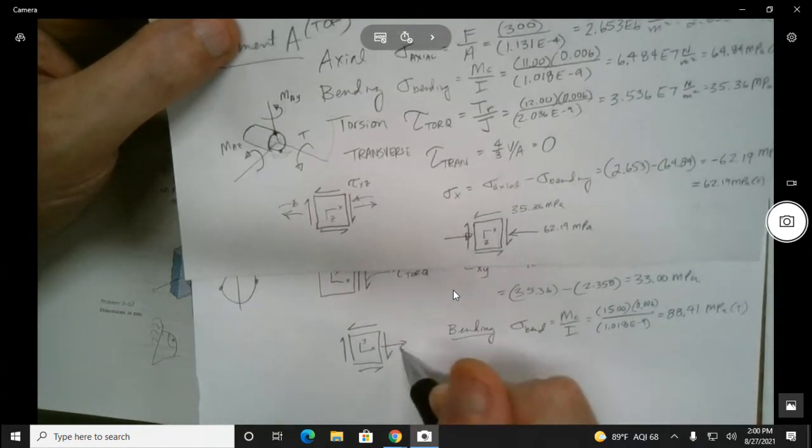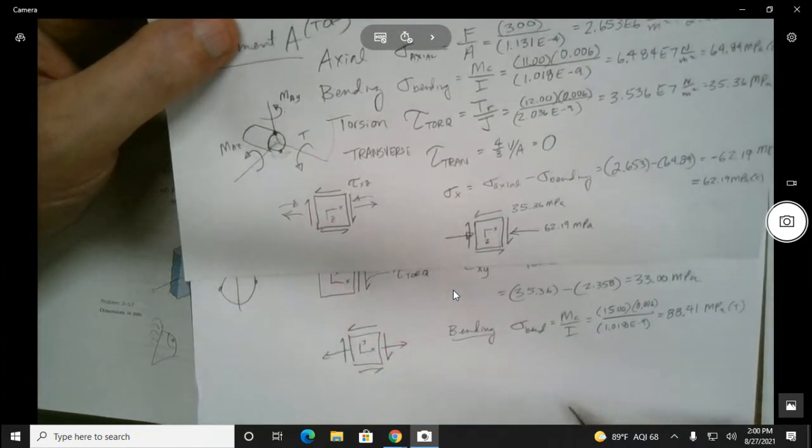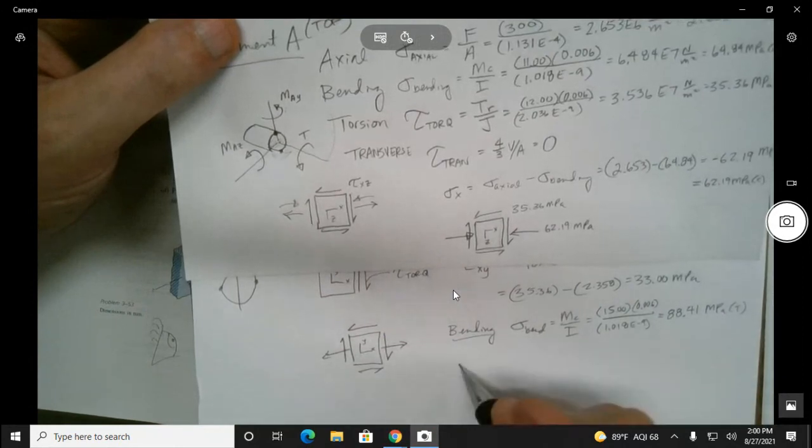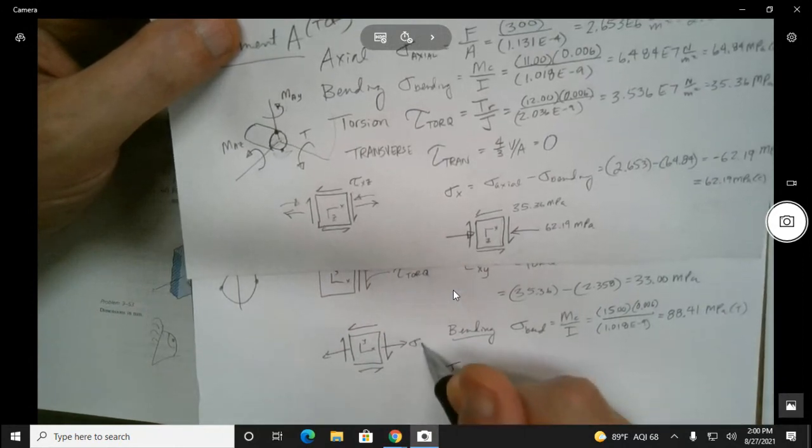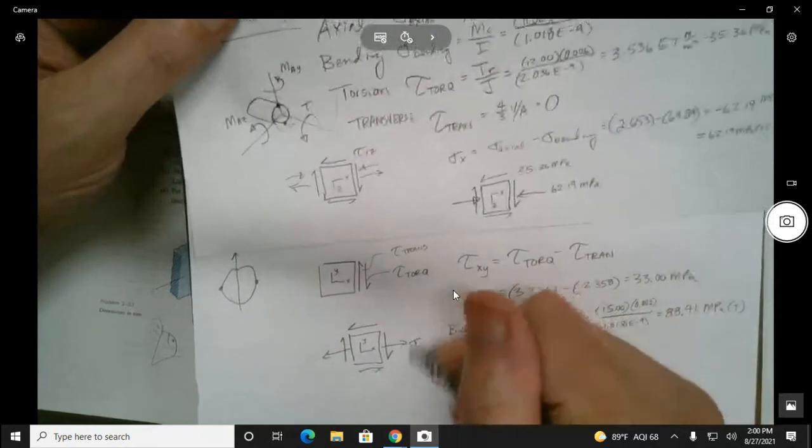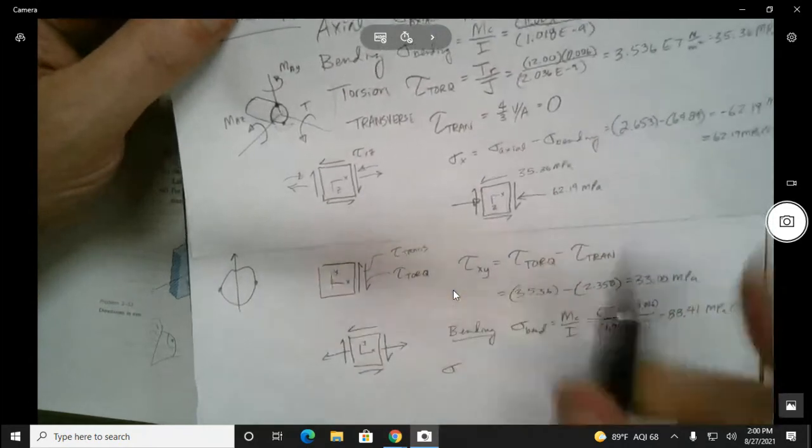And okay, so we're going to add tension with the axial and bending. So in the sigma x, well, I was going to leave that for the thing right there.